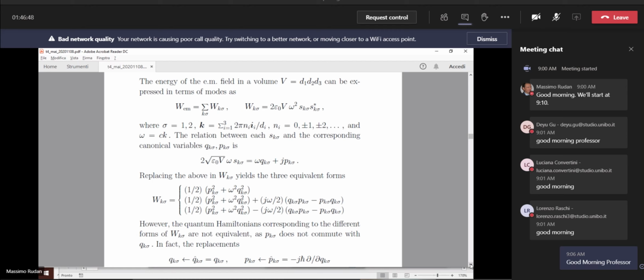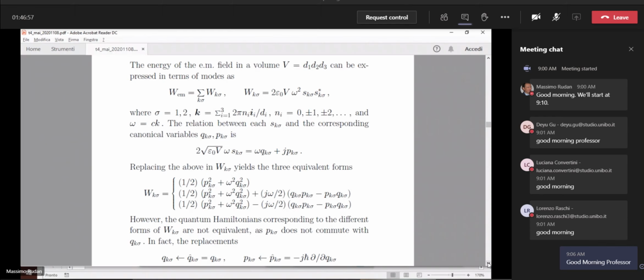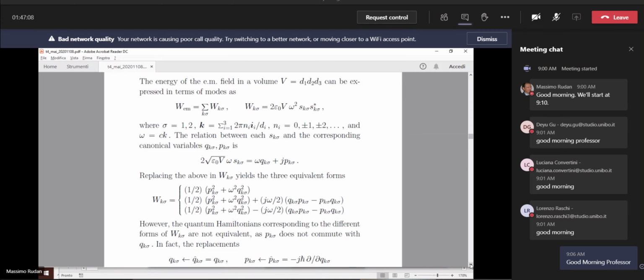Obviously, the angular frequency is equal to the speed of light, we are in vacuum, so it is c times the modulus of the wave vector, times S times the same function as conjugate. Okay?